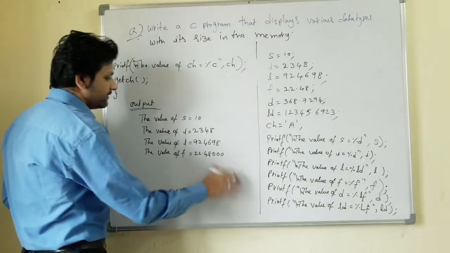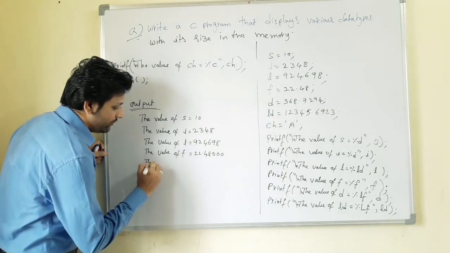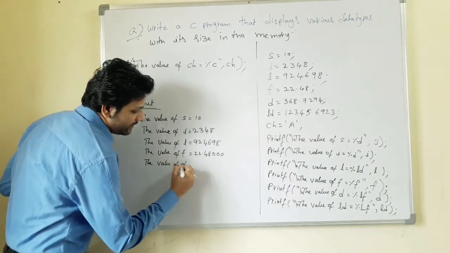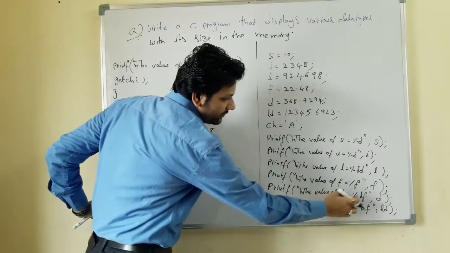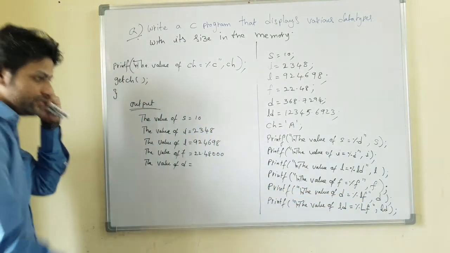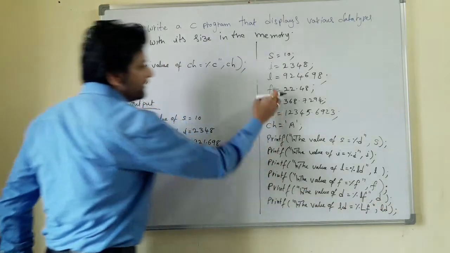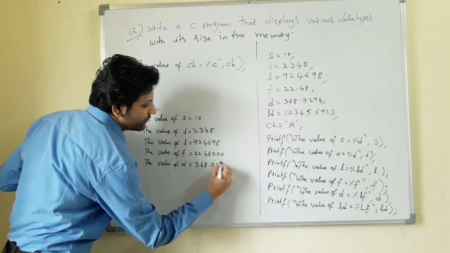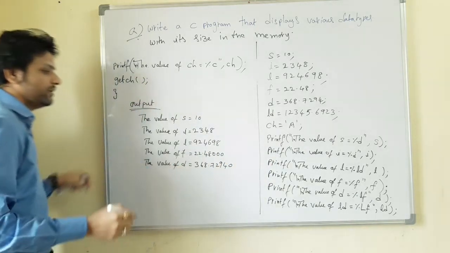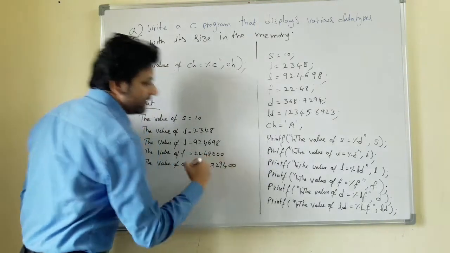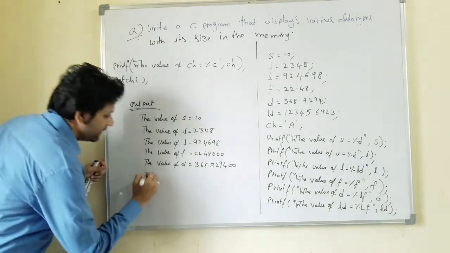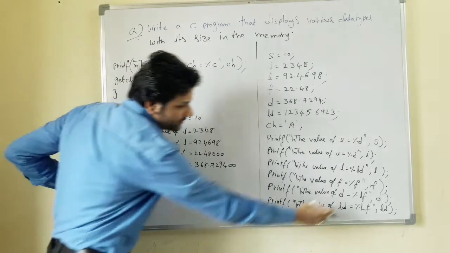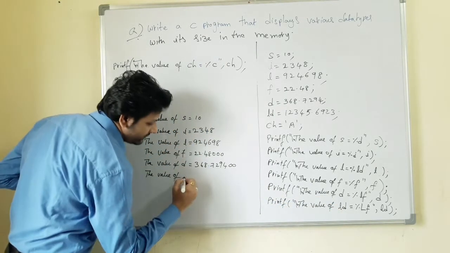Next, the value of D, double, D equals percentage LF. Where is it? In D. What is the value here? 368.72940, something will be displayed here. Next, the value of LD, long digit.